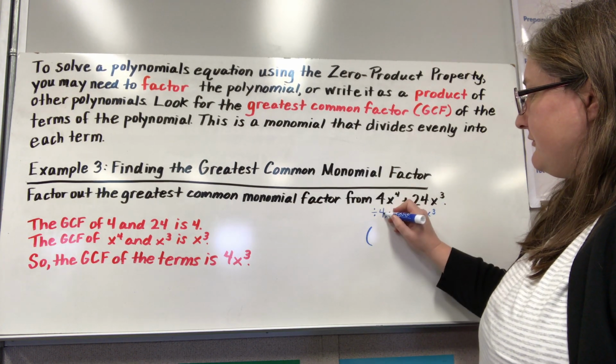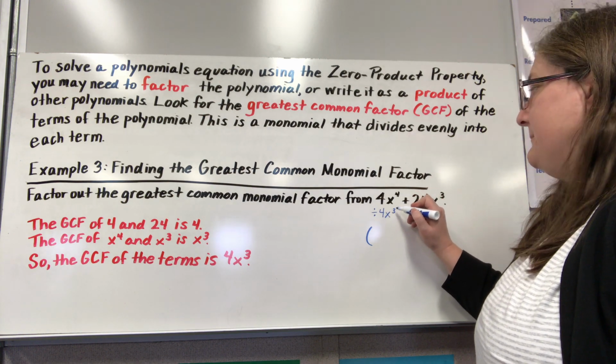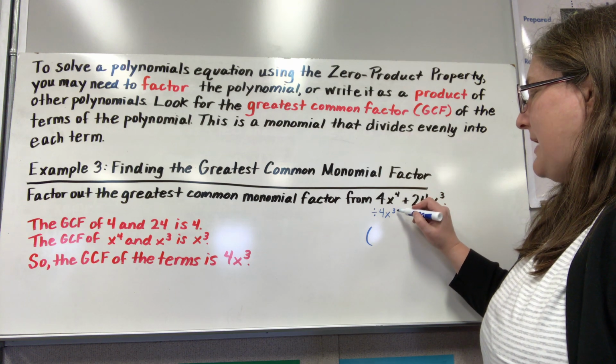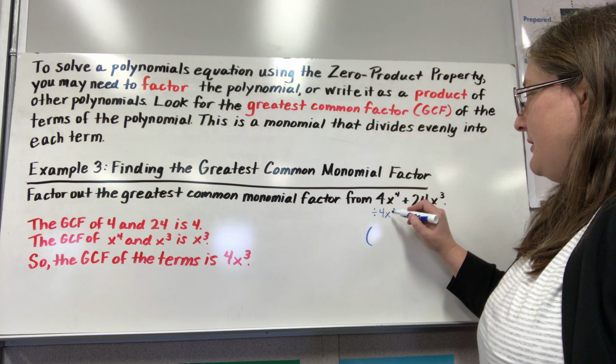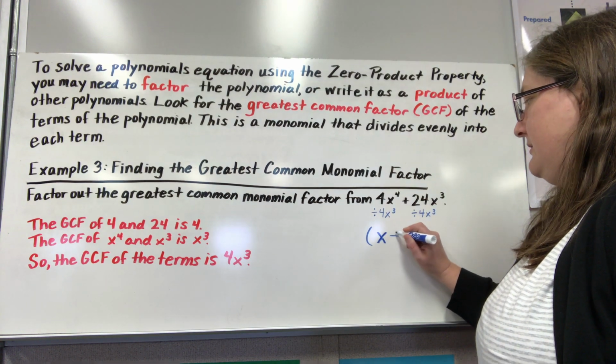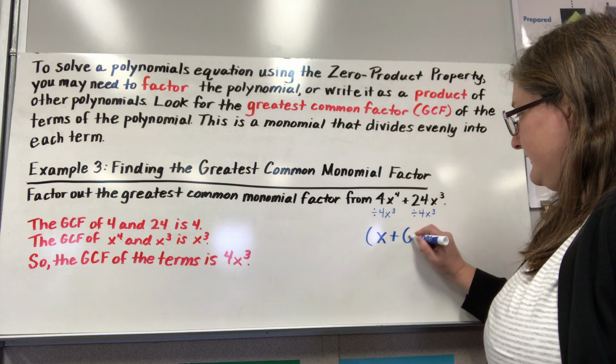So 4 divided by 4 gives me 1. And if I'm dividing powers, I'm going to subtract their powers. So x to the 4th divided by x to the 3rd leaves me with just x. In this case, 24 divided by 4 is 6.